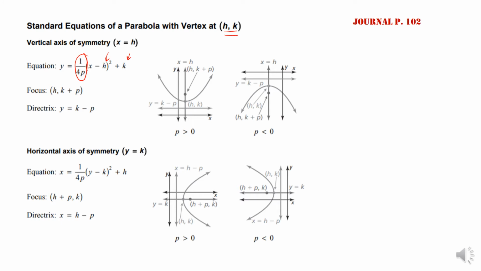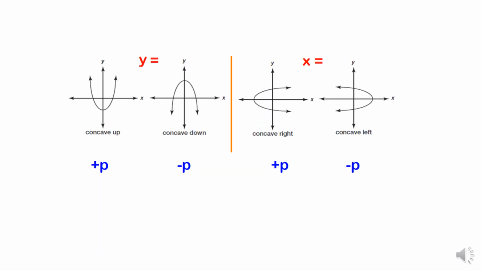Alrighty. So I just made this quick little cheat sheet to remind you: if it's y equals, it's a typical upward or downward facing parabola, and this is a positive p and this is a negative p, okay? x equals y squared, and then this is the positive p and this is the negative p. So look at it that way and help yourself understand.